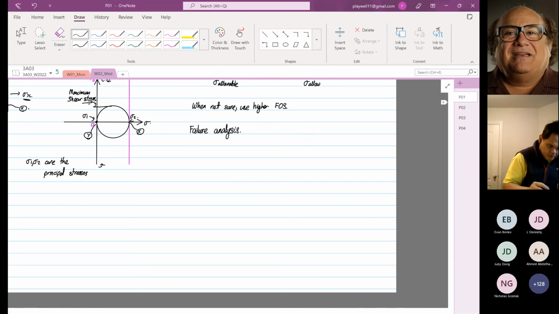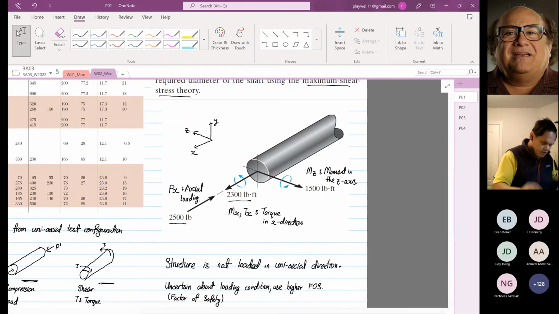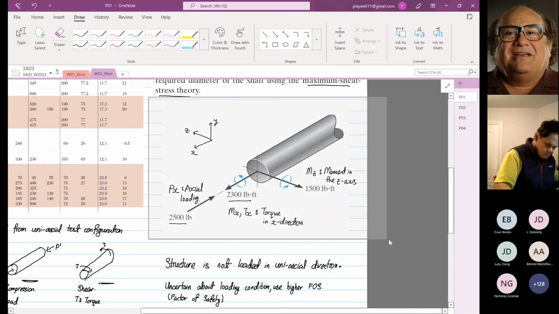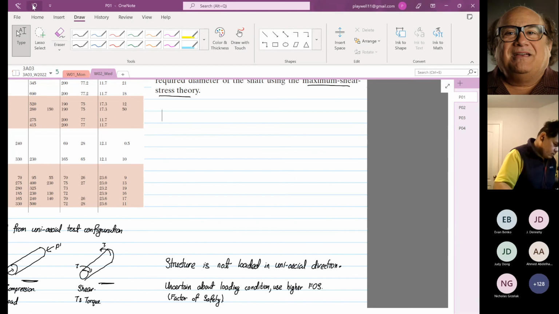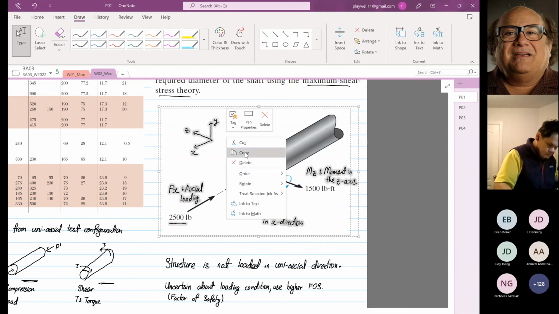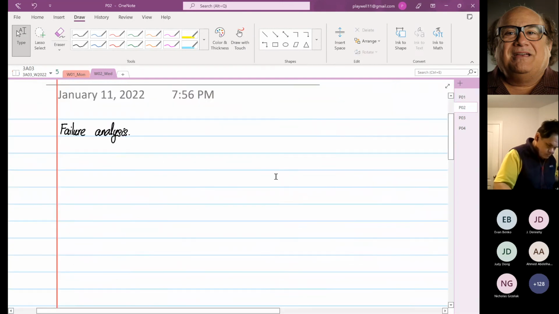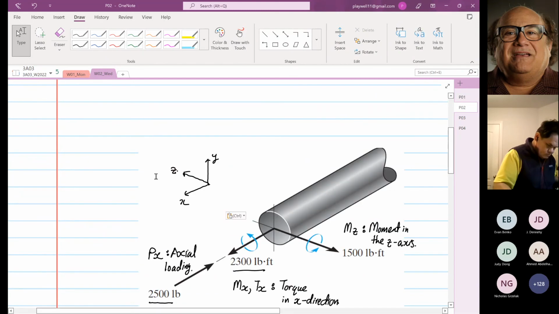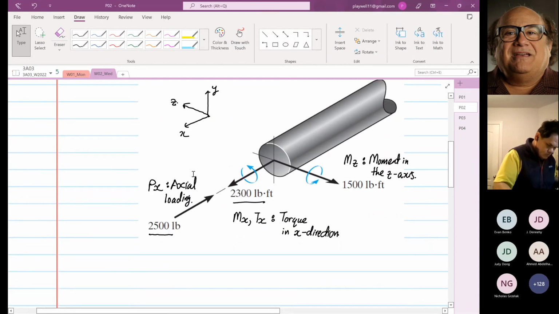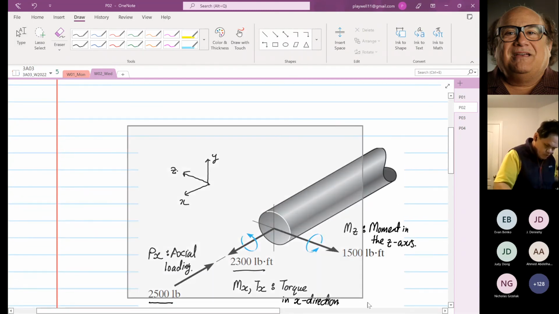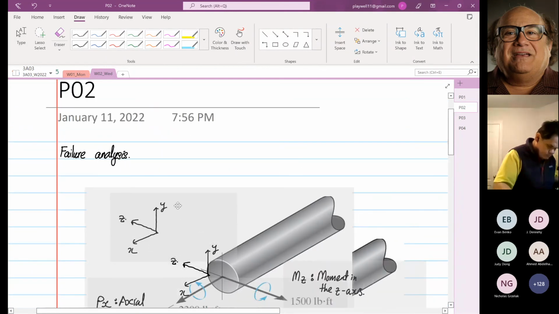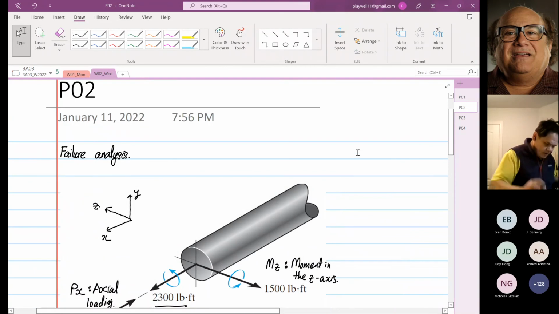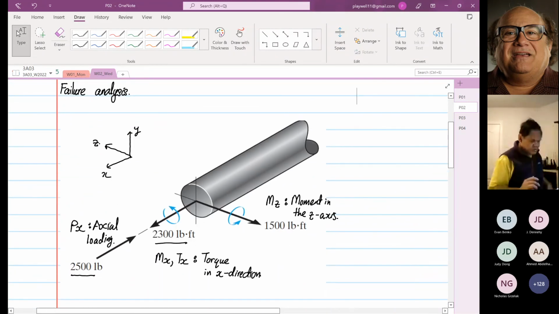I'm just going to copy the same shaft. So this is the structure that we have. We are going to look at failure analysis.